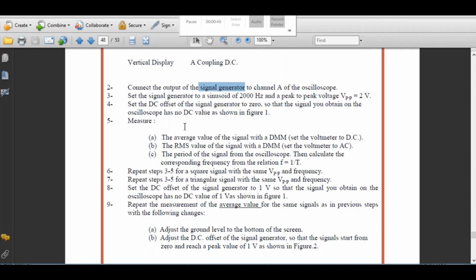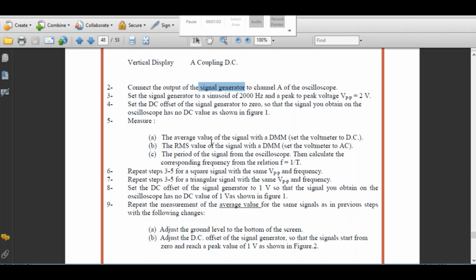If you keep the multimeter on DC, it will give you the average value. If you keep it on AC, it will give you the RMS value. So this is the method of finding the average or RMS value while you are in the lab. You don't need to do all the derivations.